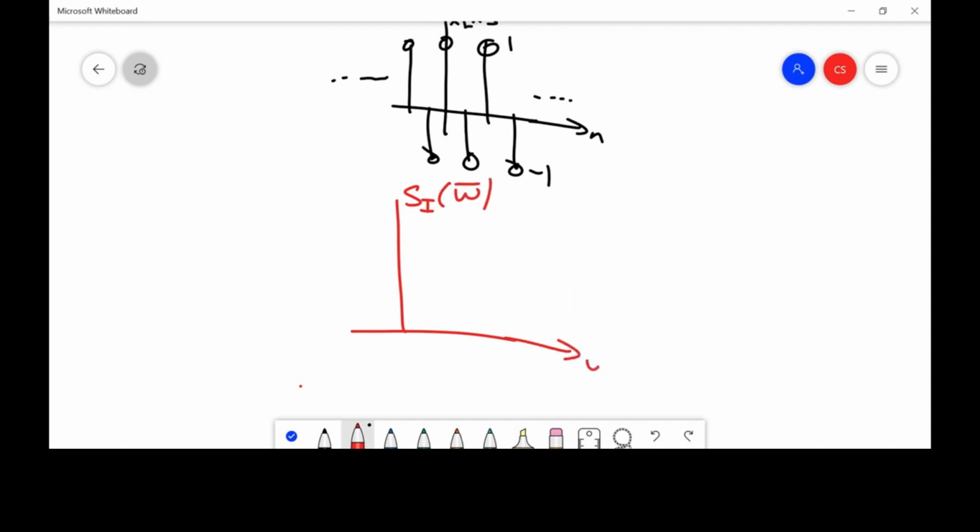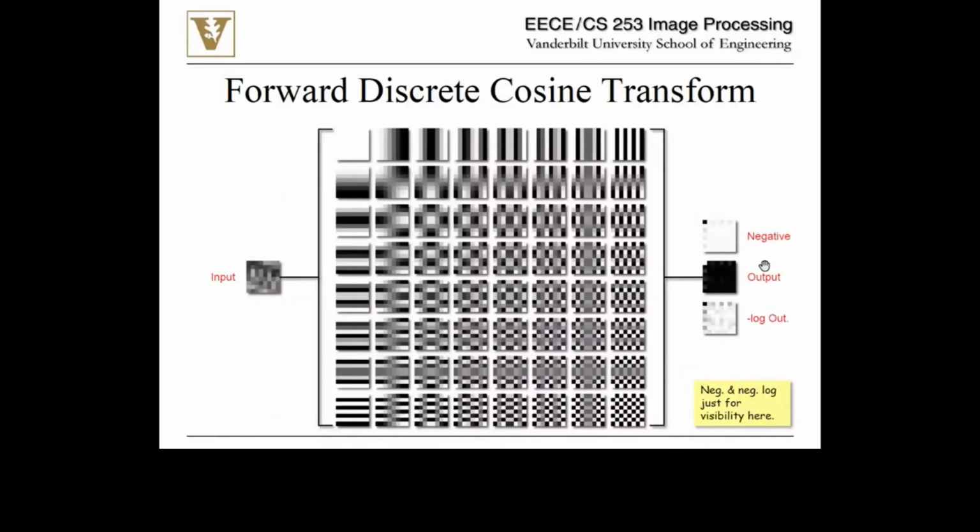If this is your frequency axis, normally the power spectra of all your images behave like the square root of the module of the frequency square. That means that you have more energy at low frequency than at high frequency. And that happens again also in the discrete cosine transform. And then here we have different representations of that.